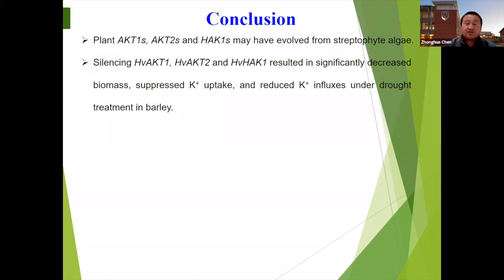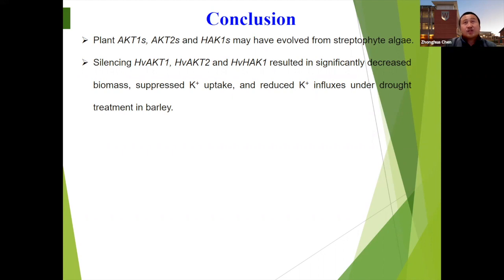So we are doing some further studies, and we're also trying to clone some of those AKTs from algae such as Klebsormidium and Chara. Chara is one of the streptophyte algae or charophytes recently sequenced with the full genome.